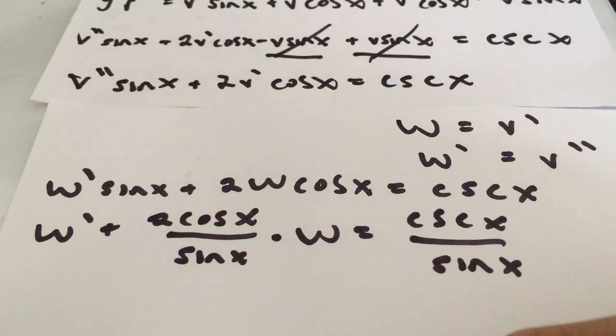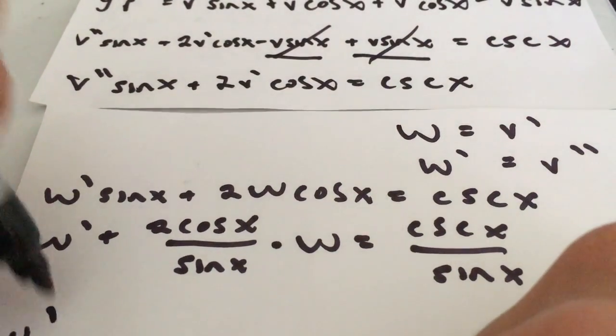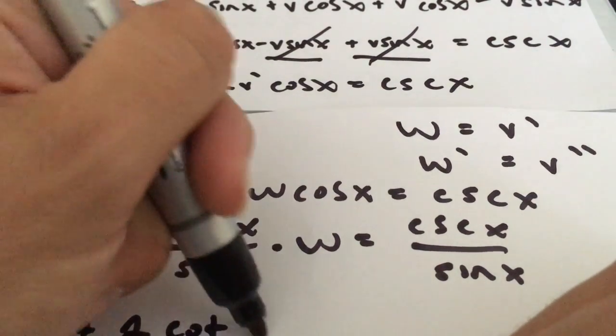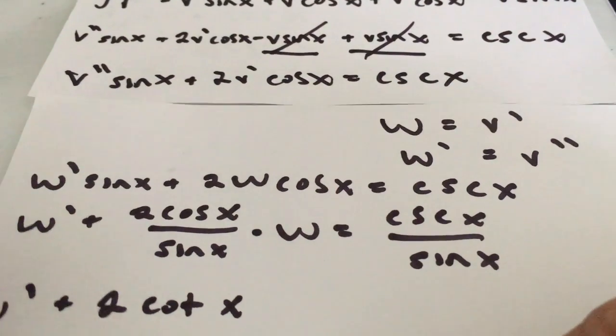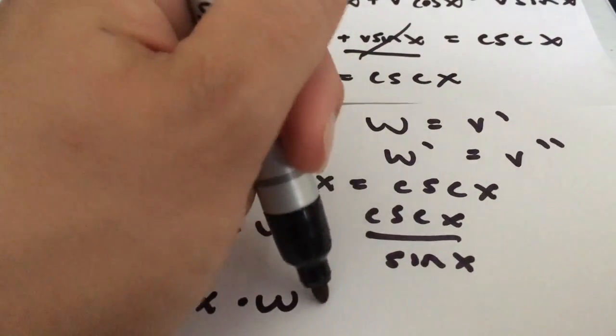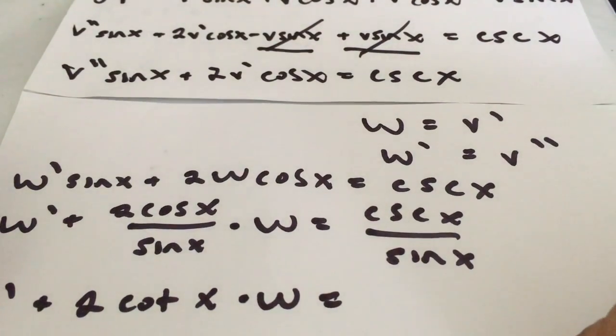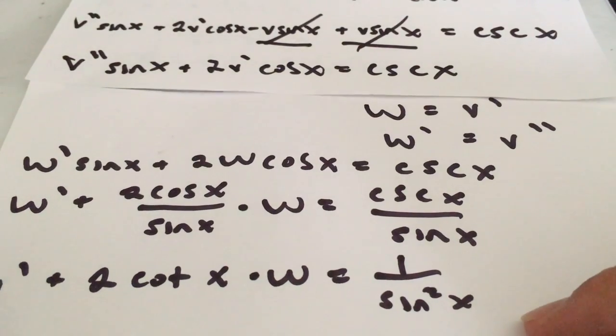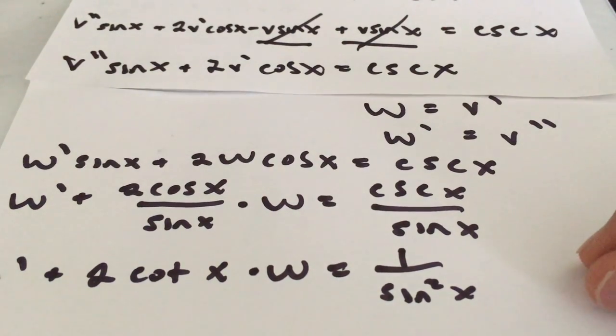Now from here we could simplify, because w prime plus 2 cotangent x, cosine over sine is cotangent, times w equals cosecant x all over sine x, which really is just 1 over sine squared x, which is also equivalent to cosecant squared x.